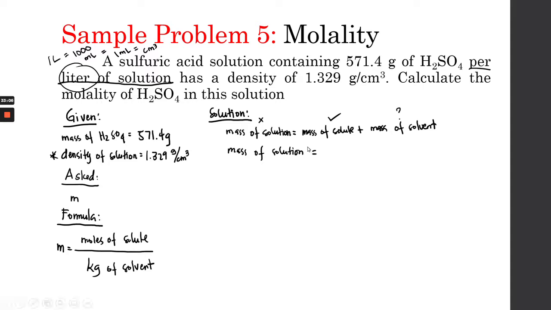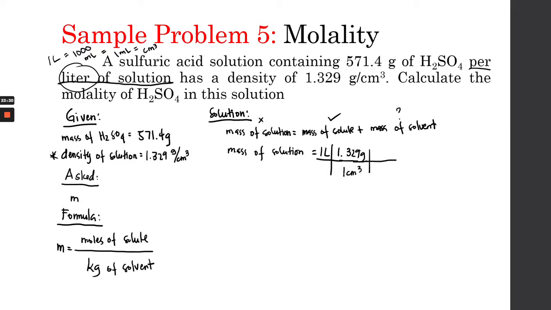Okay, let's just use 1 liter for now so we don't get confused. So we have 1 liter multiplied by the density, which is 1.329 grams per 1 cubic centimeter.